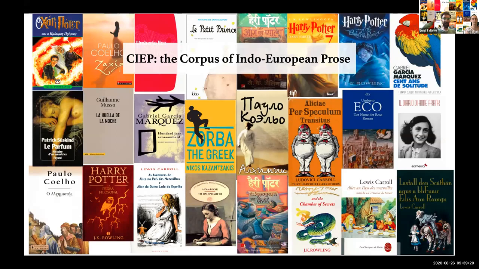You can see in the background a nice picture of a mix-up of the covers of the books we have used for building up our parallel corpus of Indo-European prose, which is aptly named KEEP.